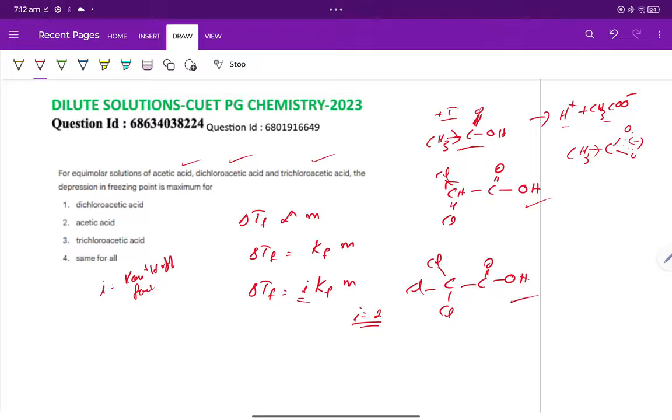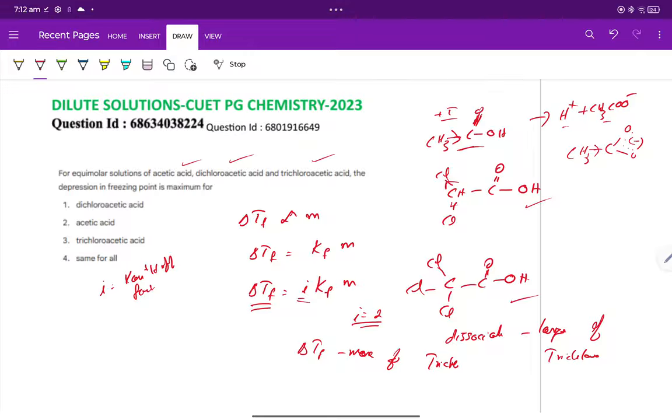Whenever the acidity is maximum, the dissociation will be large. So dissociation will be large for trichloroacetic acid, the i value also is going to be large, and delta Tf will have a maximum value.